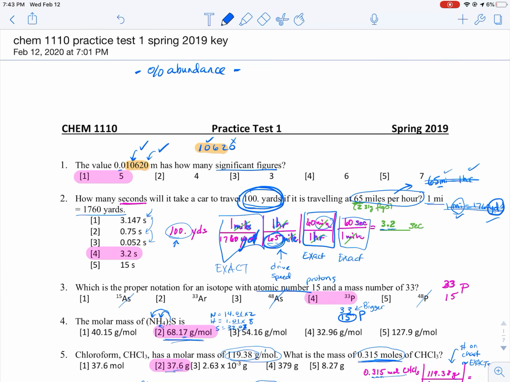It also did not have the history of the atom, or locations. It didn't have any physical or chemical changes or properties, or any of the laws. It didn't have anything about accuracy or precision.